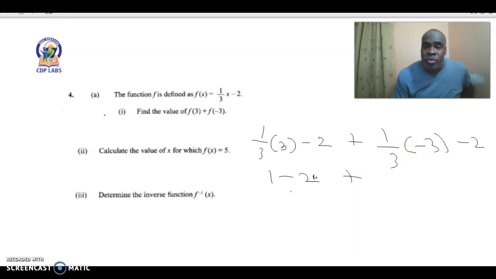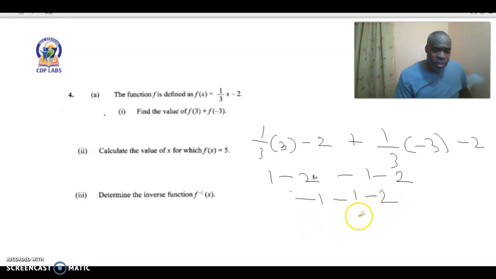So we could just simply remove that plus sign and put minus 1 minus 2. So what's the answer here? 1 minus 2 is negative 1, minus 1, minus 2. Add everything: 1, 2, 4. So our final answer is equal to negative 4.